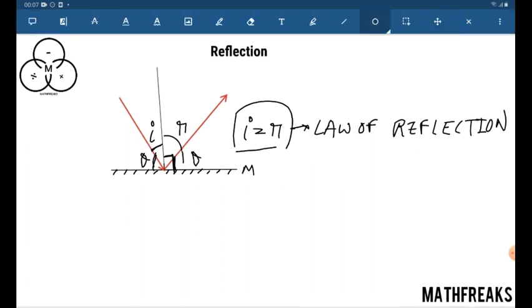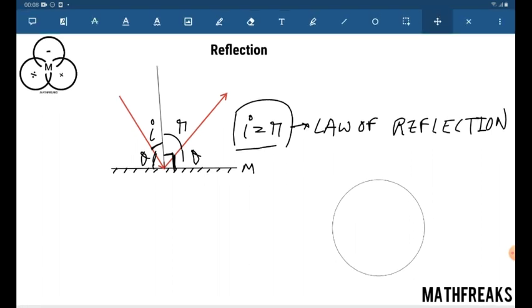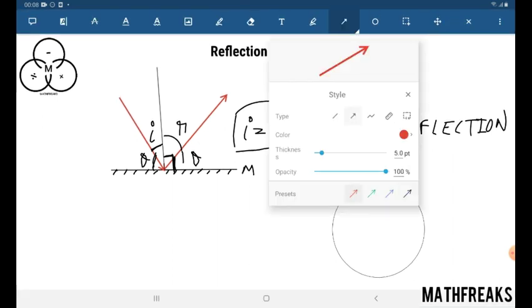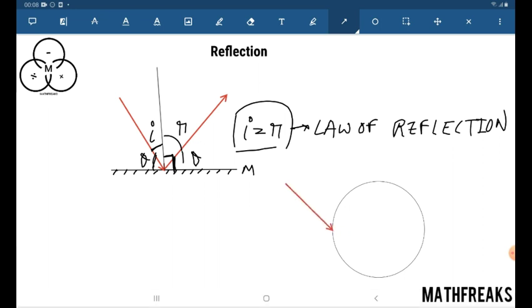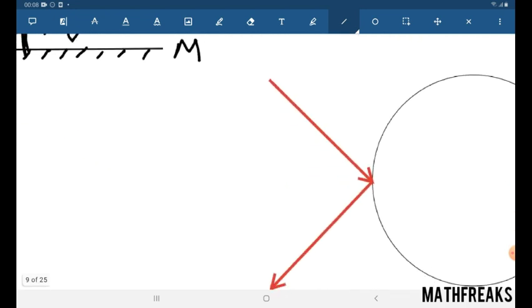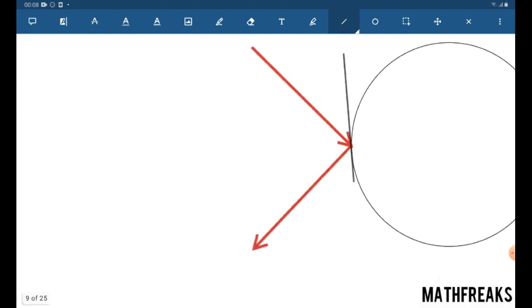Now, what will happen if a ray of light strikes on a circle? Law of reflection is also valid for this case. Here, at that point of contact of this ray, or this is called the point of incidence, where the ray of light is falling, we need to draw a tangent to a circle.